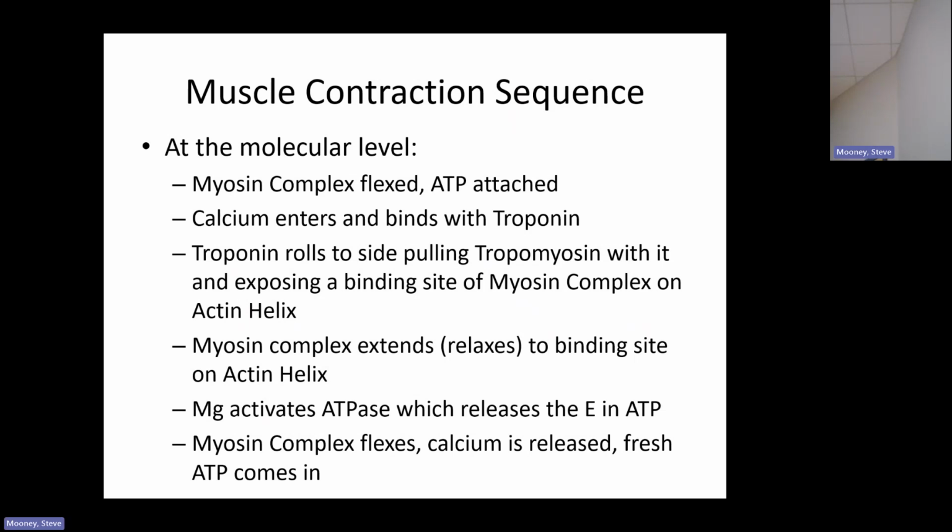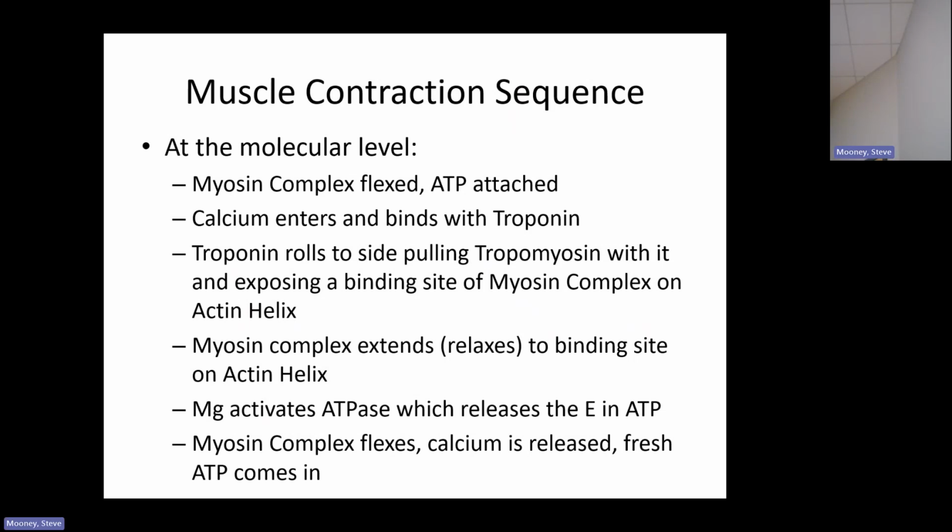So what does actin do? Actin provides what? Binding sites. How do we expose those binding sites?